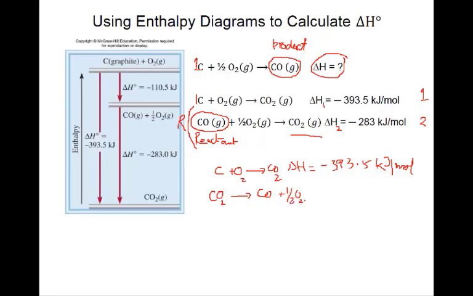Okay, so delta H changes sign. So minus 283 will become plus 283. Okay, and now this is balanced.